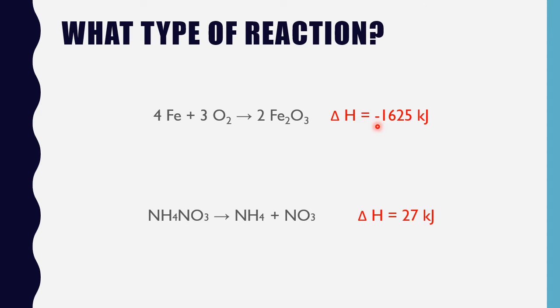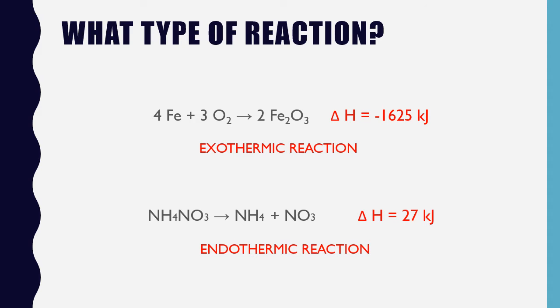Well, because it's negative, we are looking at an exothermic reaction. So here we go, the exothermic reaction. Now in the second equation, the delta H is a positive value. And because it's a positive value, which means the heat is absorbed, it's going to be an endothermic reaction.